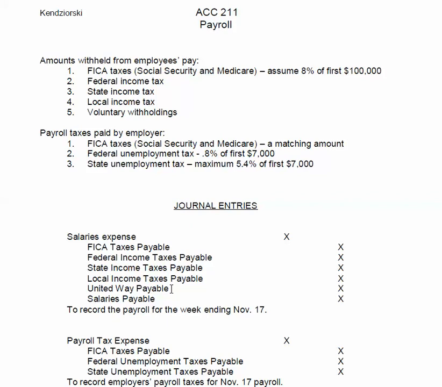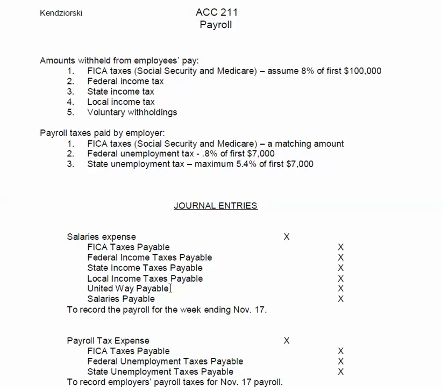Now you might also have voluntary withholdings, and I just plugged into here an example, United Way payable. But the biggest voluntary withholdings are actually where workers voluntarily want to contribute to their retirement fund, like a 401k plan, for example, or also contributing to hospitalization, medical insurance premiums. Those are the biggest voluntary withholdings.